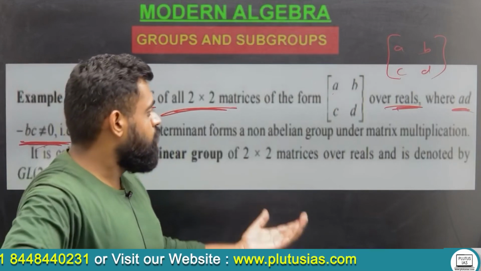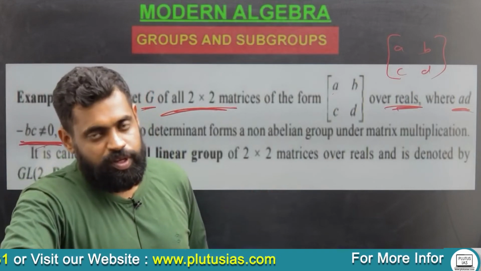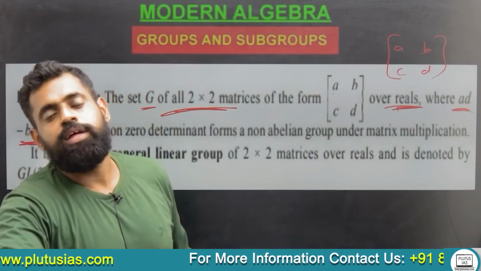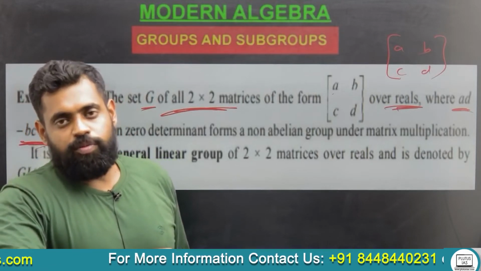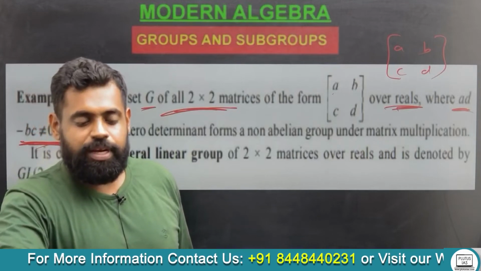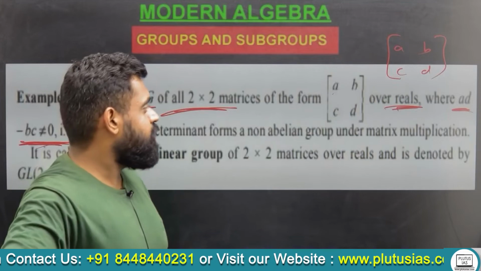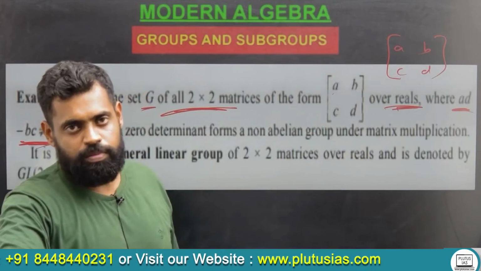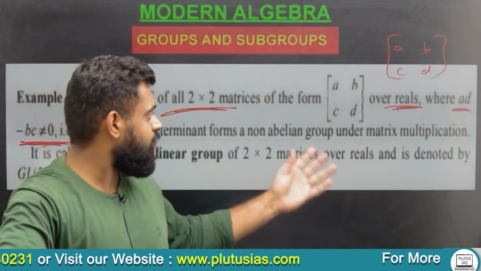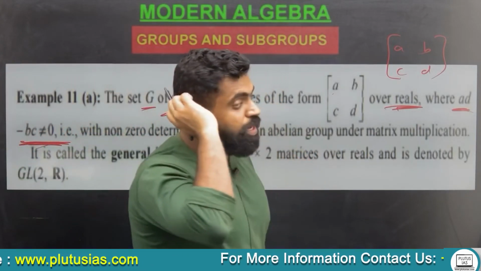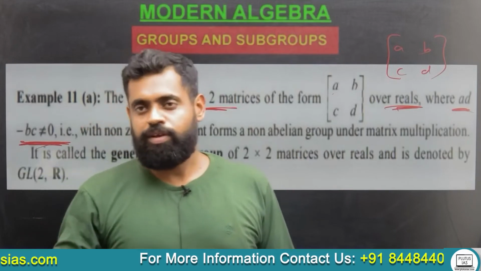So why have we taken it not equal to 0? Since if it were 0, then we won't be able to find the inverse of this matrix. The basic necessary condition for a matrix to have an inverse is that its determinant should be non-zero. Otherwise it will be a singular matrix and we won't get an inverse, and for it to form a group we need an inverse element.